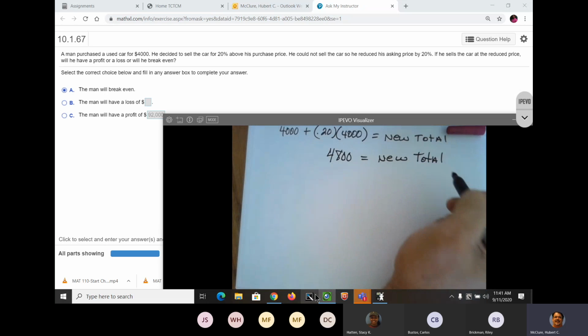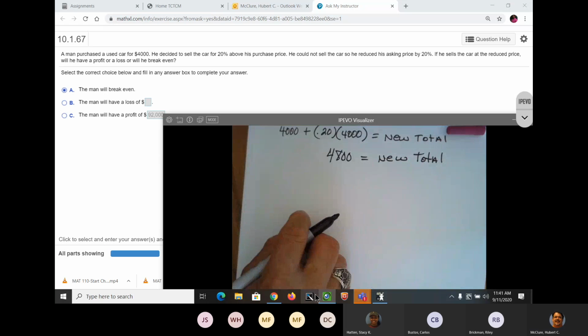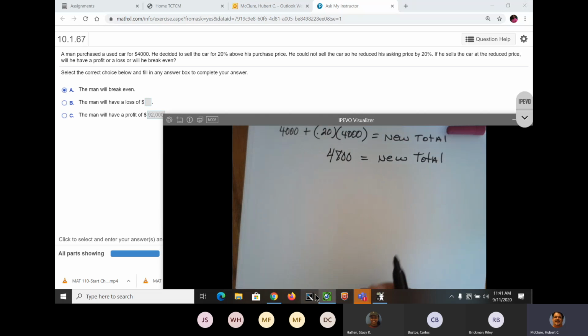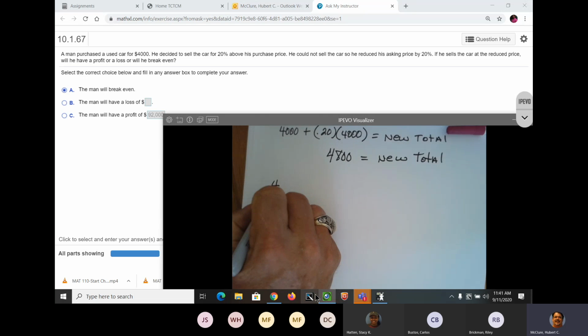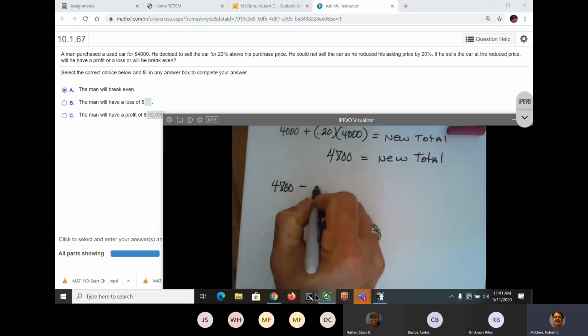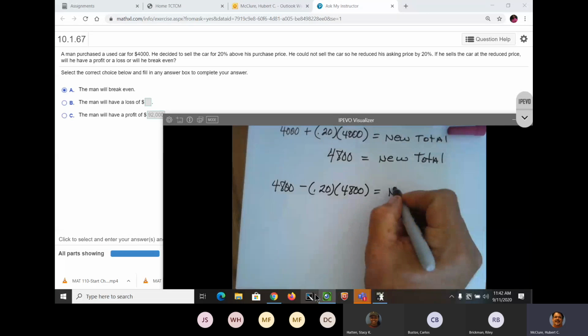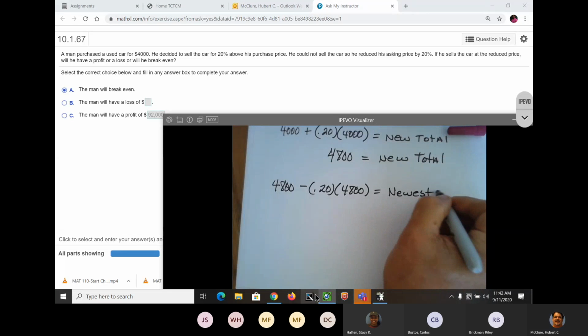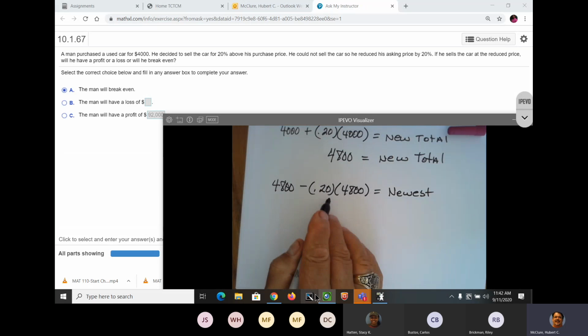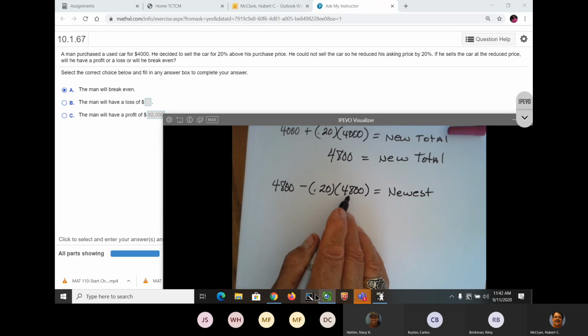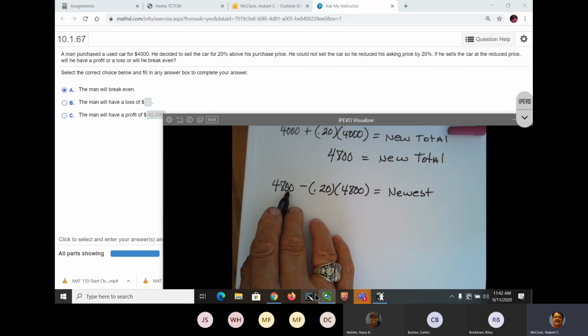And he puts it on the side of the road and nobody touches it. He could not sell the car, so he's reduced it by 20%. So 4,800 minus 0.2 of 4,800 is equal to our newest total. So that's going to be 480 and 480 is 960.